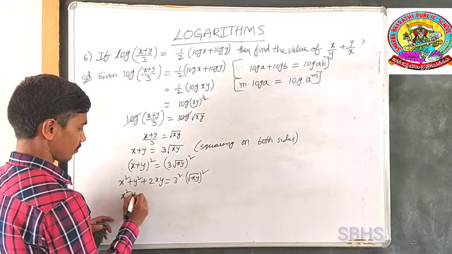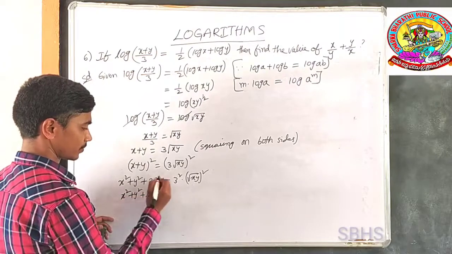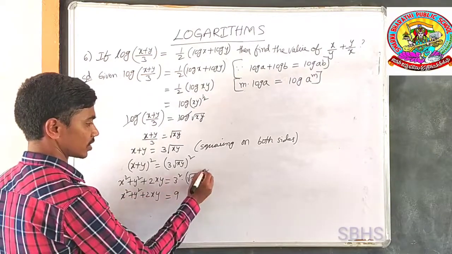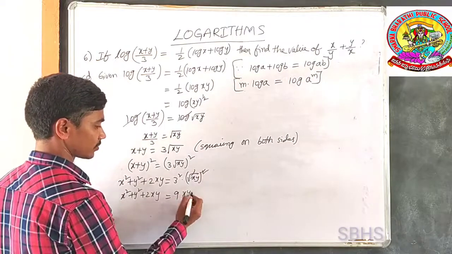x square plus y square plus 2xy is equal to 3 square, means 9, square root cancels xy.